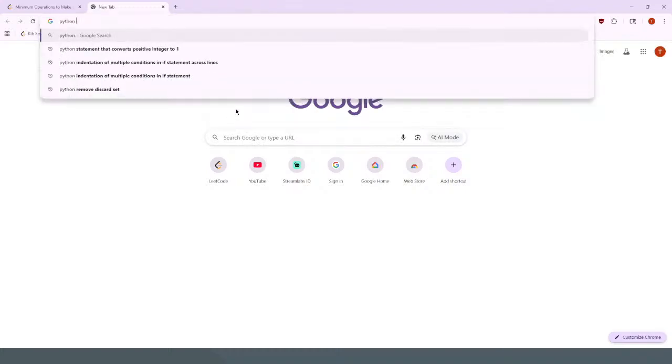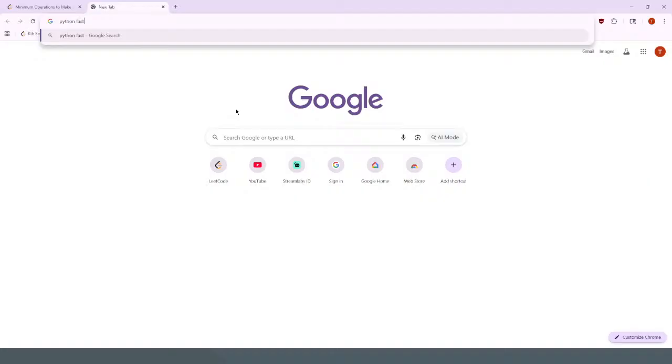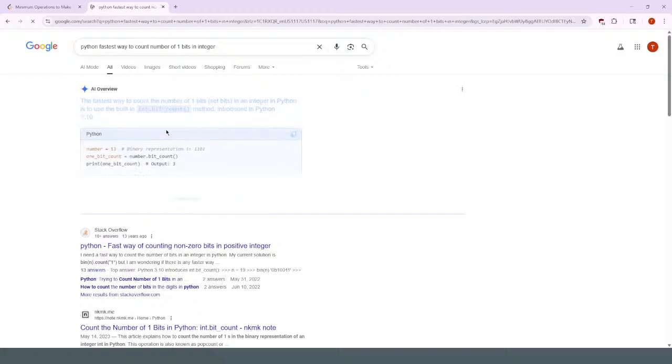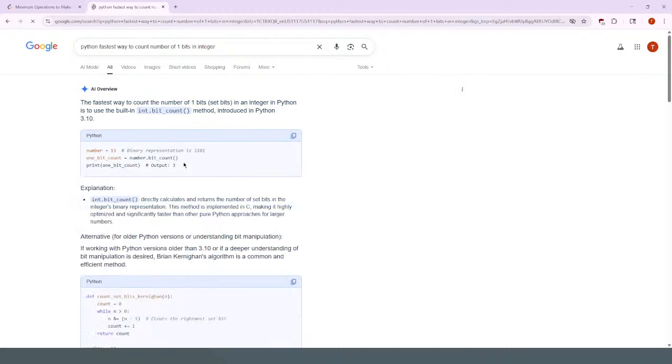Python, fastest way to count number of 1 bits. Is it bit count, introduced in 3.1, number.bit_count()?